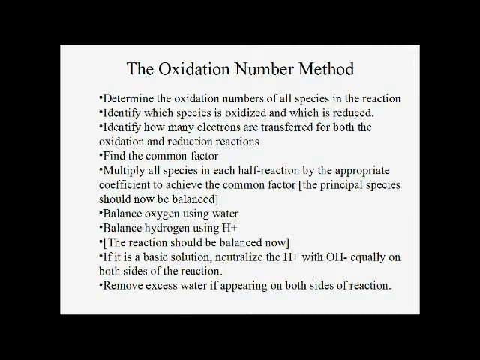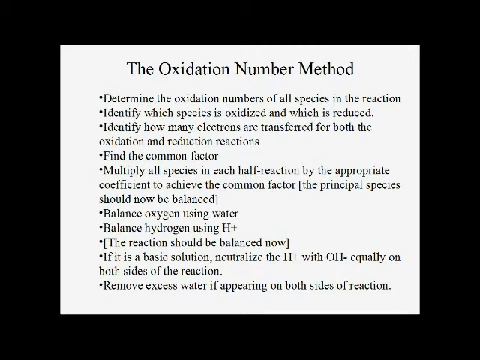So for each half reaction, we're going to have the initial and final species that are changing the oxidation numbers. We're going to have the initial and final species for both the oxidation reaction and reduction reaction. So then we have to multiply each part of the half reaction that we can identify by the appropriate coefficient, so we end up with the same number of electrons for both reactions.